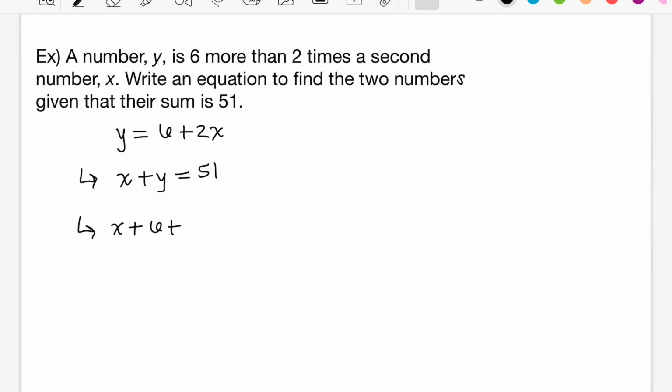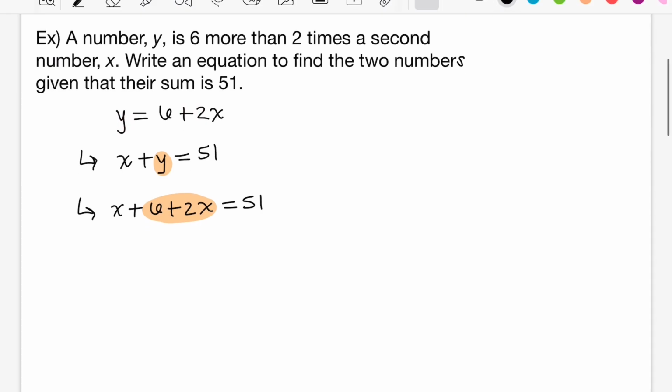So I have 6 plus 2x for y there, and this is equal to 51. We're just plugging in the equation that we have for y, so that we have only one variable in this equation, and then we can easily solve for it. Then we'll plug that back into our equation here to find our first number.